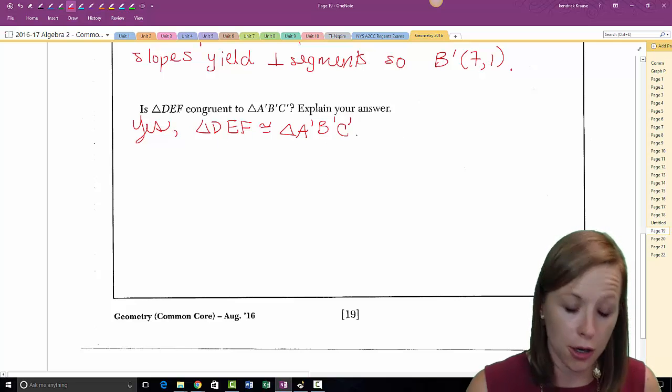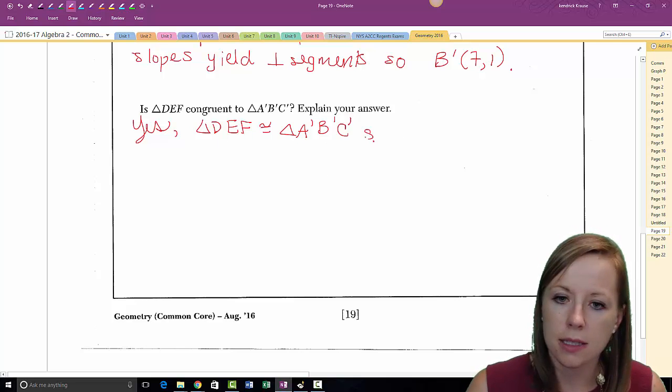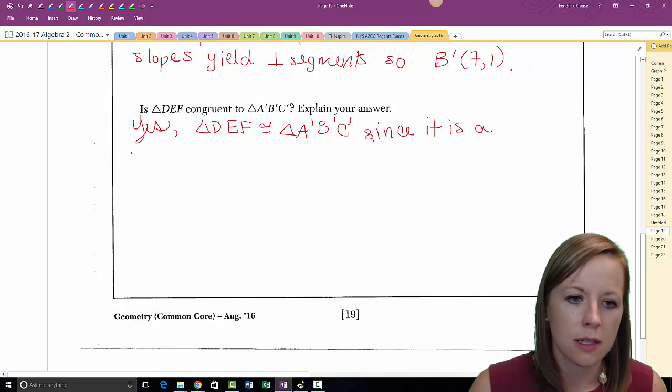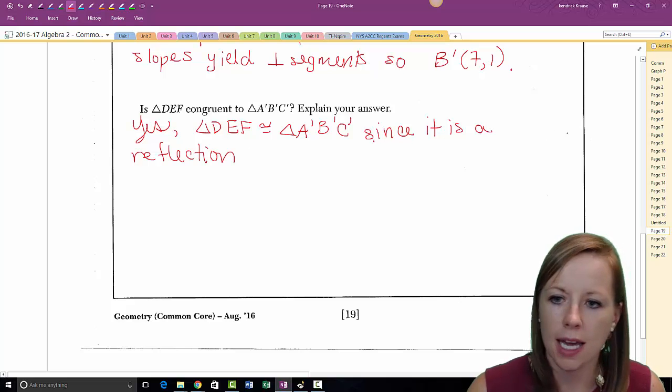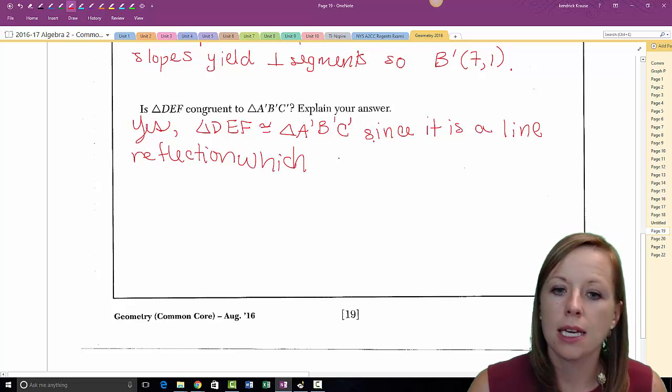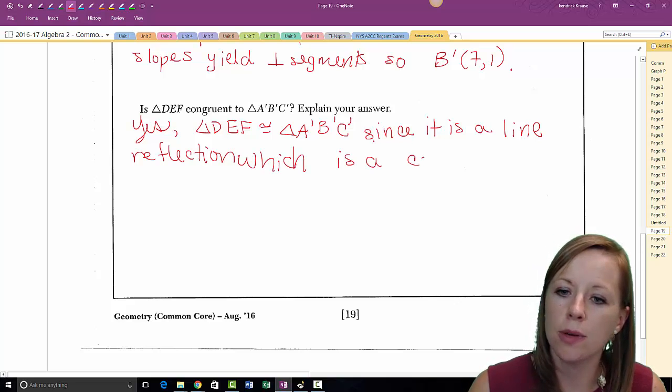Yes, the two triangles are congruent since it is a reflection. And I'm going to just say a line reflection, which is a congruence transformation.